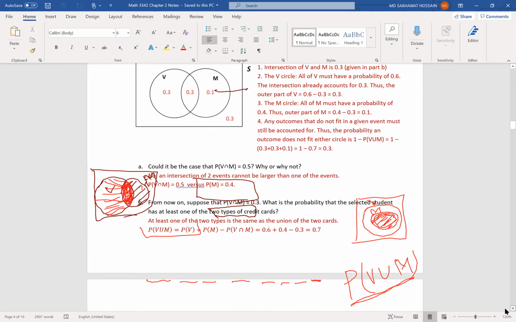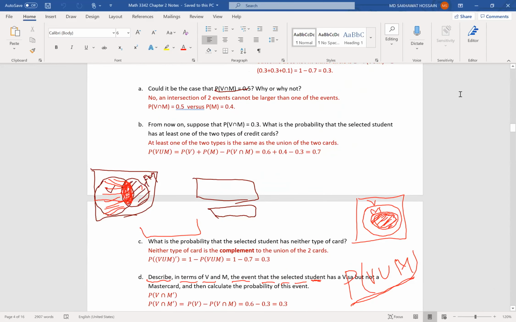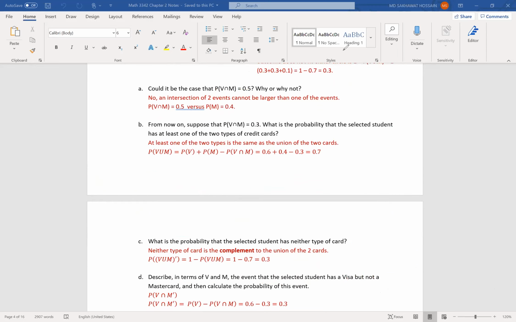Okay, so part C is: what is the probability that the selected student has neither type of card? That means the selected student doesn't have a Visa card or a MasterCard.